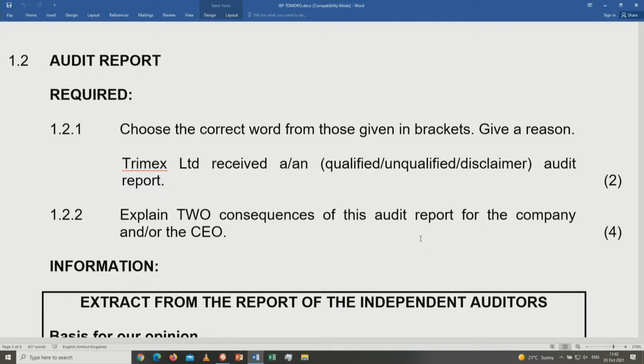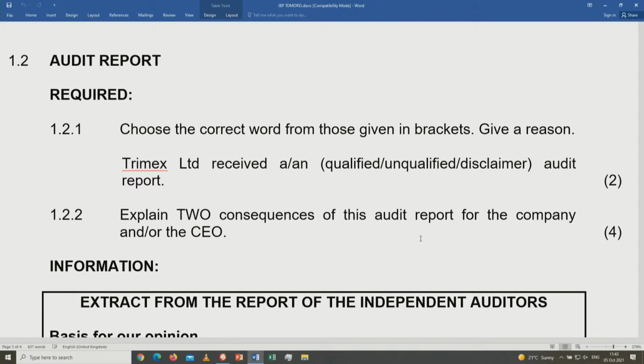Unqualified audit opinion is whereby the external auditor, this independent auditor, is able to express an audit opinion. In this regard, it will be that the financial statements are fairly presented, in terms of international financial reporting standards, that GAAP principles were adhered to in the reporting, and then the third one would be qualified report.